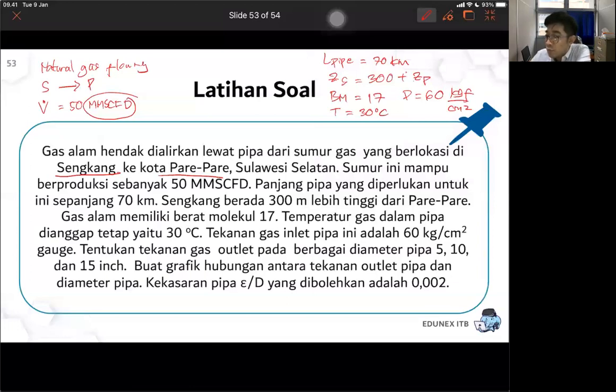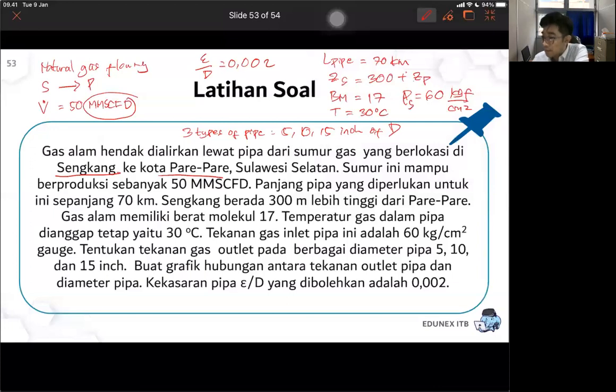Okay, you will have three types of pipe with 5, 10, and 15-inch diameter. All have the same roughness. The epsilon over D is 0.002. So P here is PS, right?